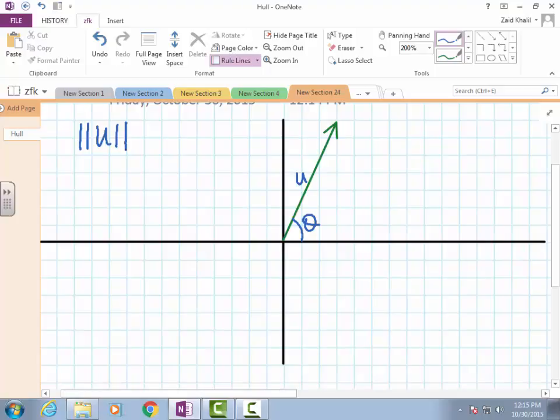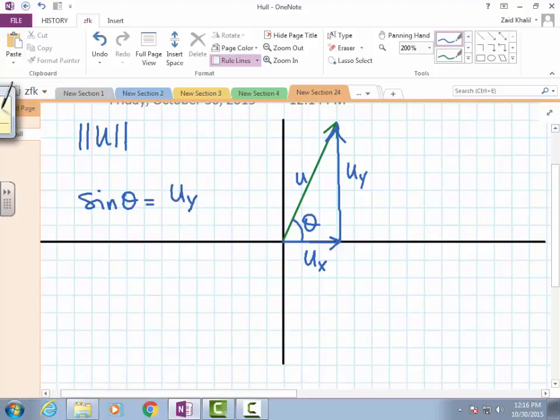So first thing you want to do is break it up into its components, right? And what do you notice? Sine theta is going to be uy over u. You might even want to say magnitude of uy over u.